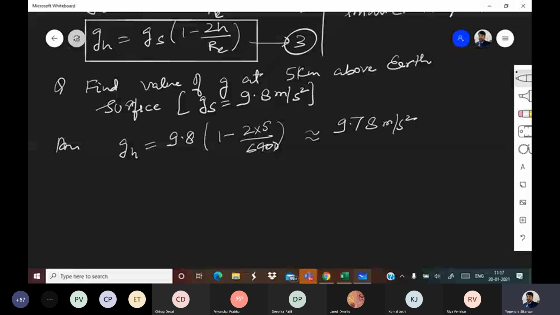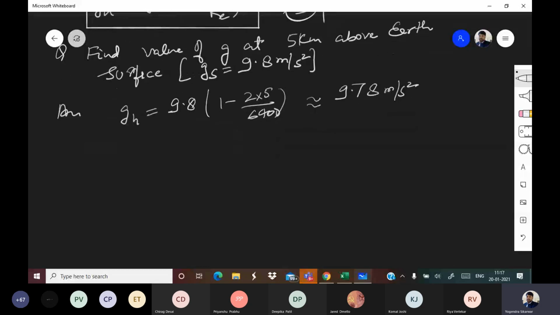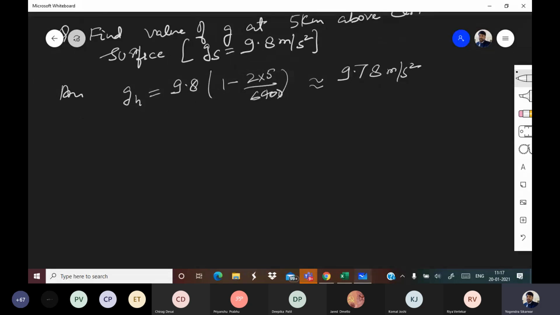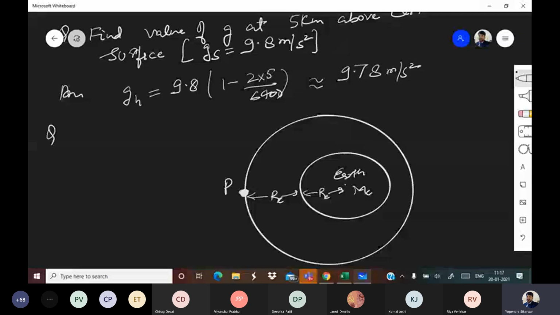Now due to depth. Or let me give you one more question. This is Earth, with radius RE and mass ME.